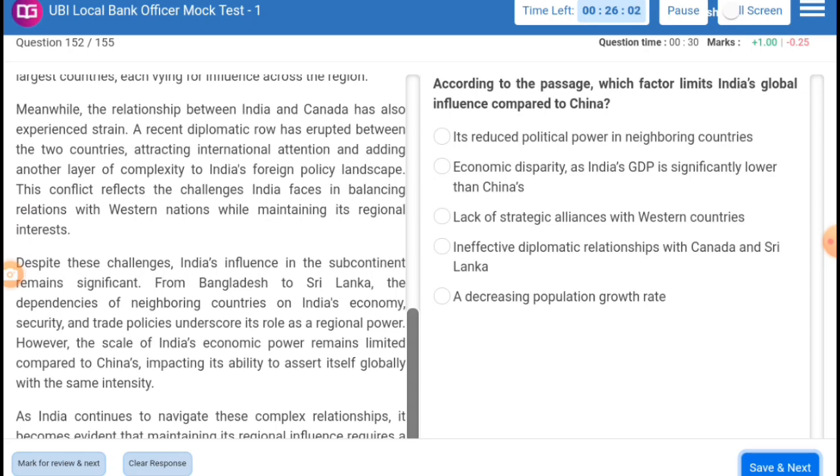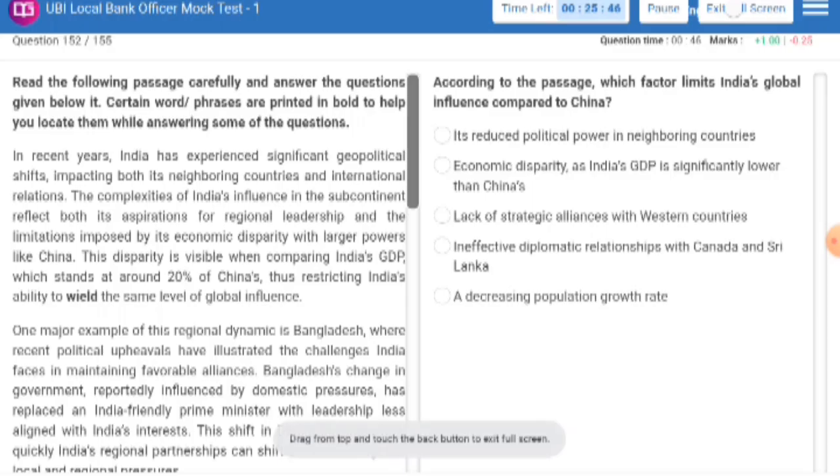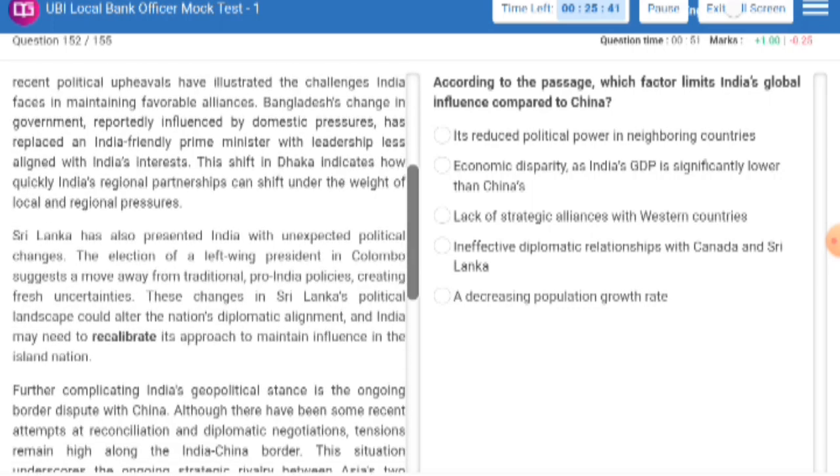Next is, according to the passage, which factor limits influence compared to China?